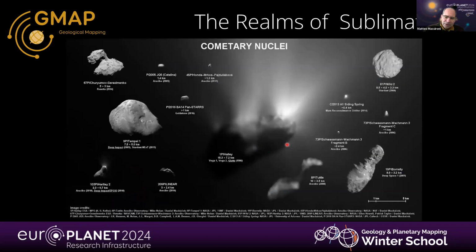And here you see the different comets that have been visited so far by different missions. For example, the Giotto mission in 1980 visited the Halley comet, 67P was visited by the Rosetta mission, and the Deep Space mission visited the Borrelly comet. So we actually know the nuclei of these comets, and you see them here in these images.